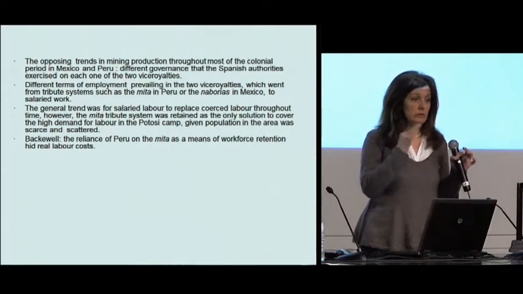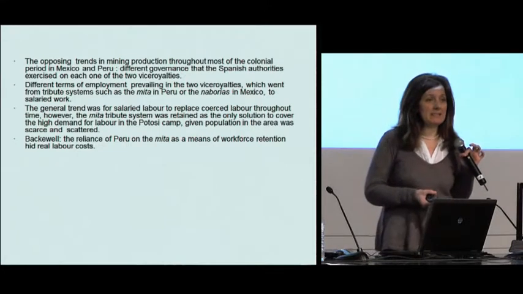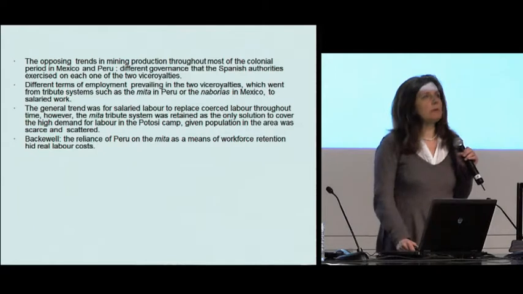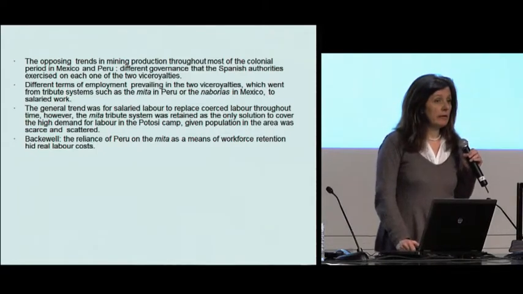They were coerced to work for 4 months a year in the mines, right? The outcome was depopulation of the area.